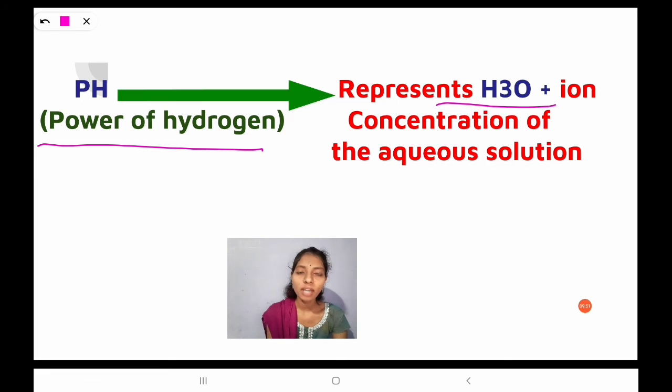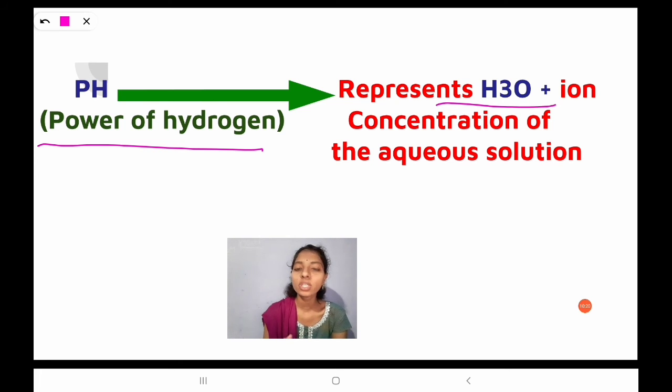We observe that when an acid is mixed with water, the H3O+ ion concentration increases, and when a base is mixed with water, the H3O+ ion concentration decreases, right? In one aqueous solution the concentration is increased, and in another it is decreased.